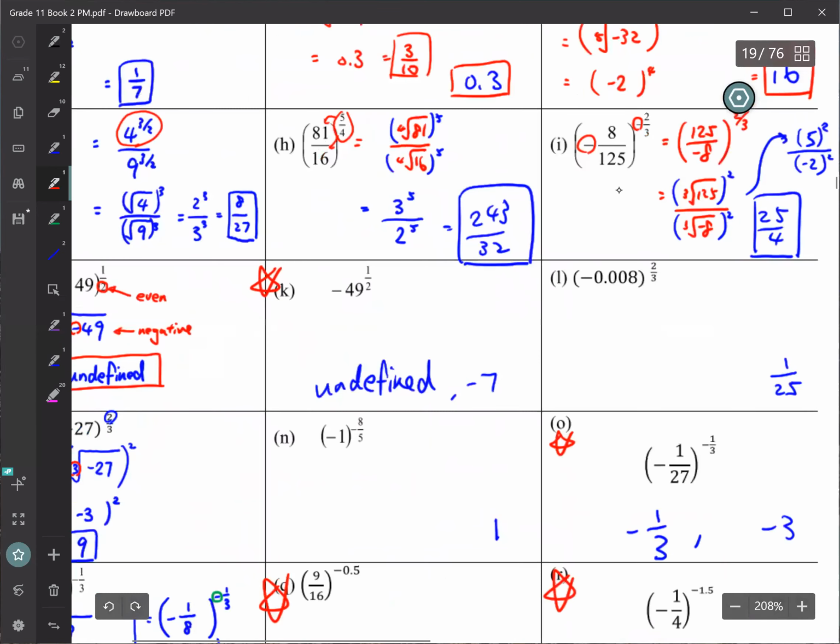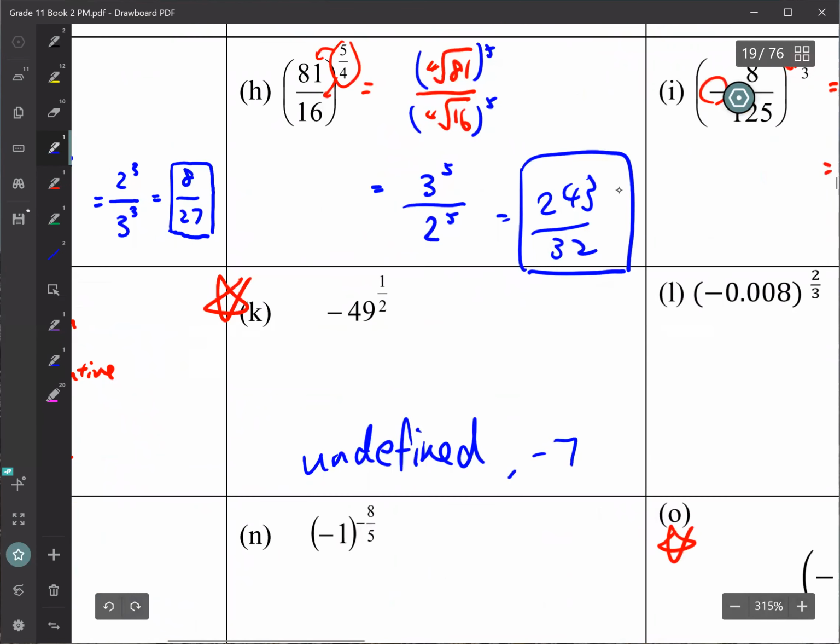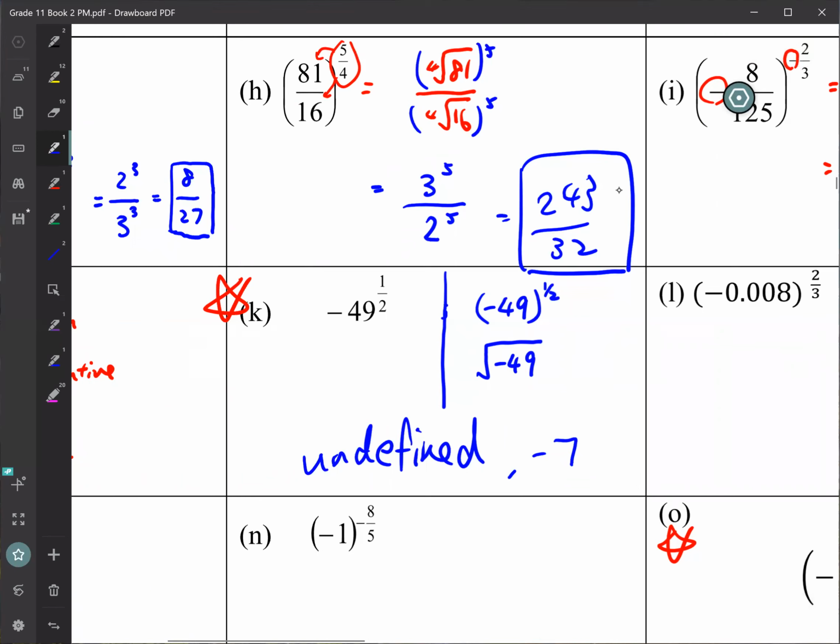So this one, the 1/2, right? Compare this question with the one that has a bracket. The question we have doesn't have a bracket. If there's a bracket, then it will be the square root of negative 49, with negative 49 inside.